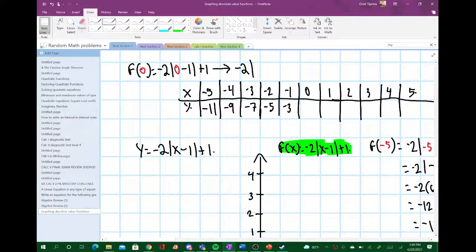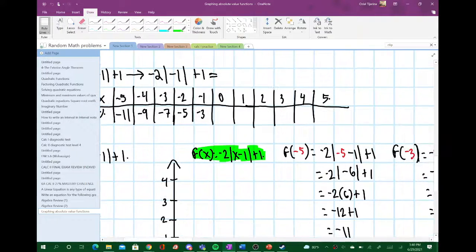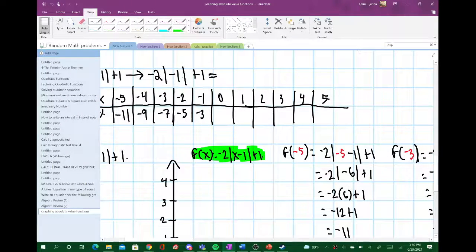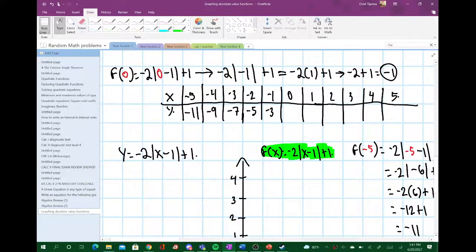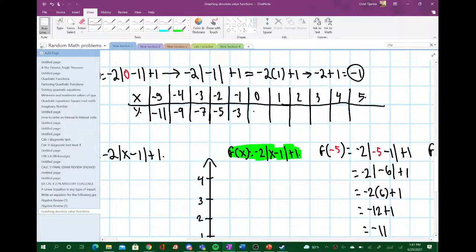So we have plus 1. And then this is going to be equal to, so what is the absolute value of negative 1? That is going to be, so we're going to have negative 2, and the absolute value of negative 1 is 1 plus 1. And this is going to give me negative 2 plus 1, which is negative 1. So when x equals 0, y equals negative 1.